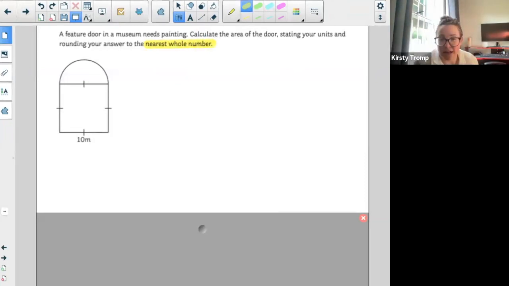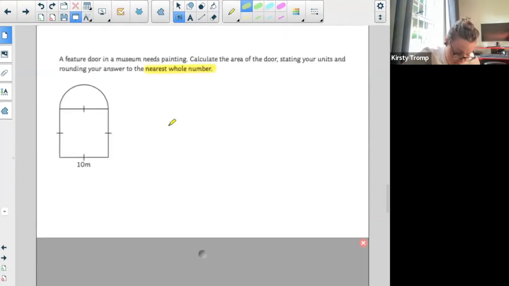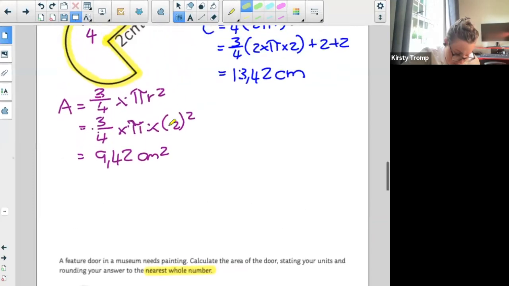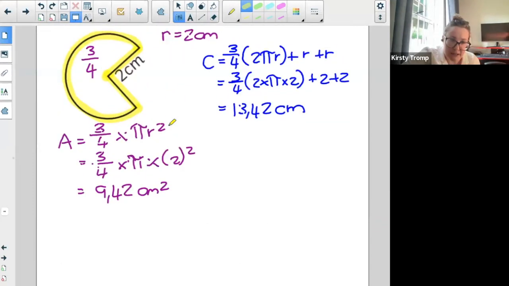I'm just going to go up so that people can take a screenshot or write the answer down quickly. Hope you've got it down.